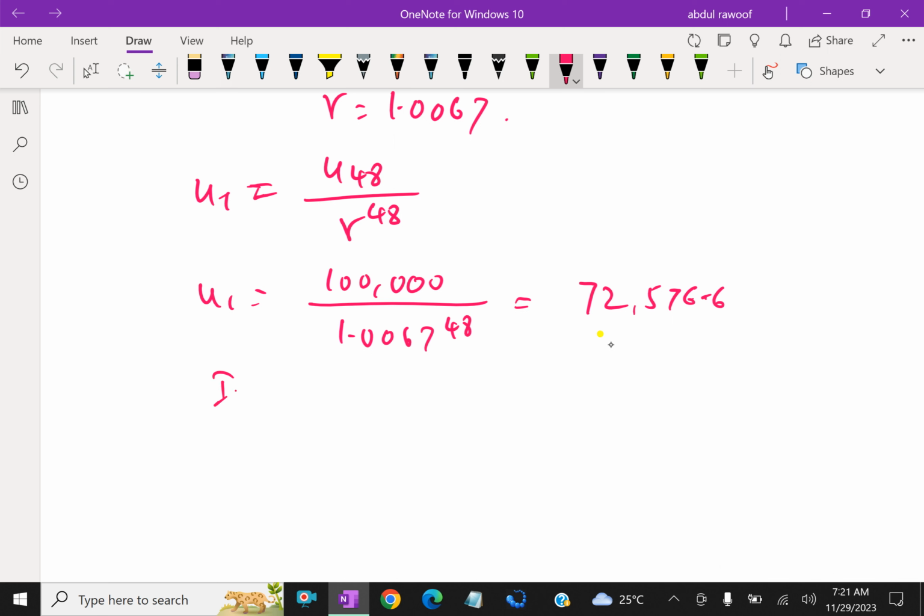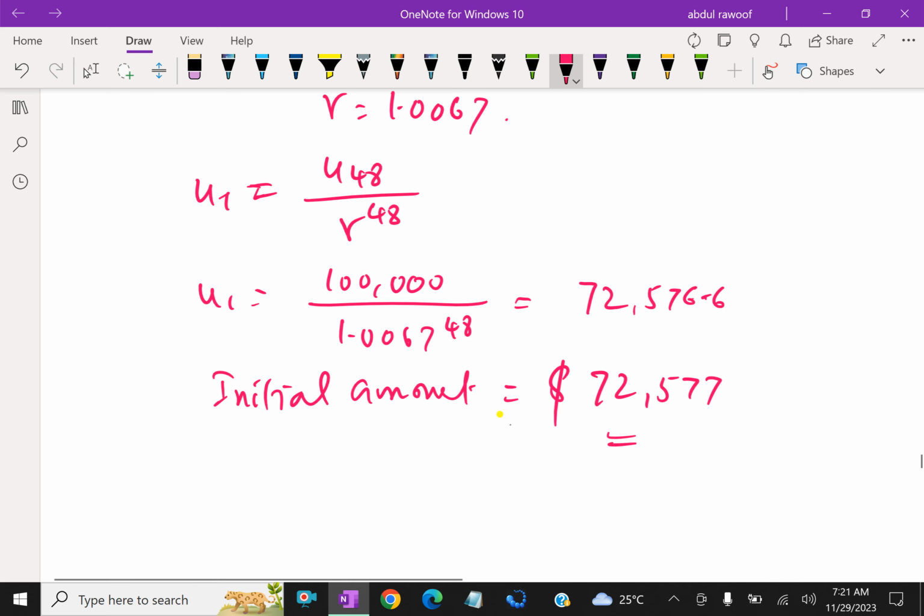Therefore, the initial amount that must be invested is $72,577, rounded to a whole number.